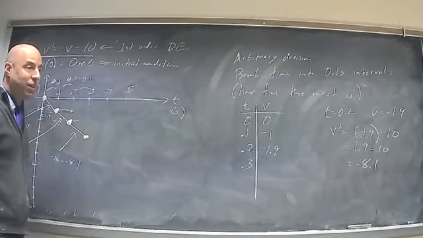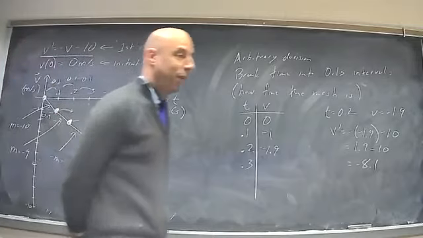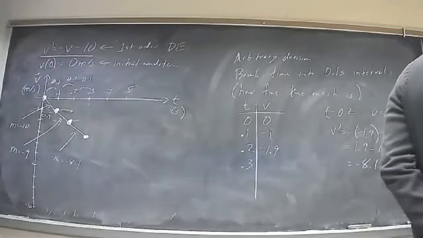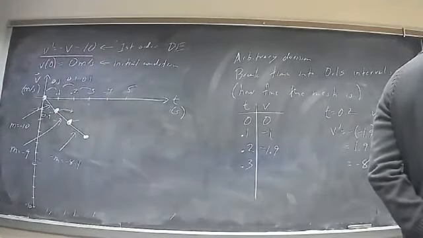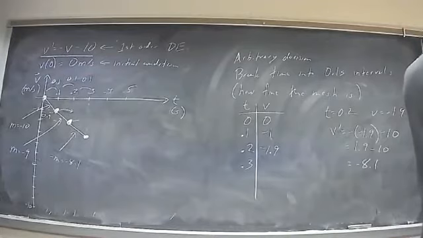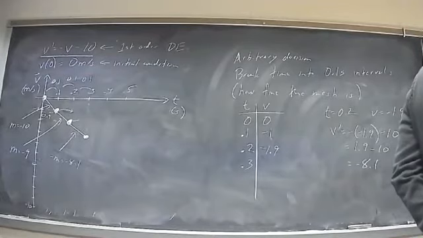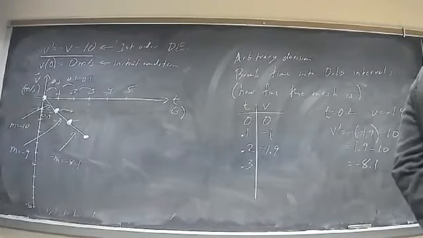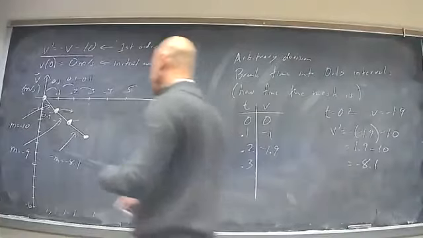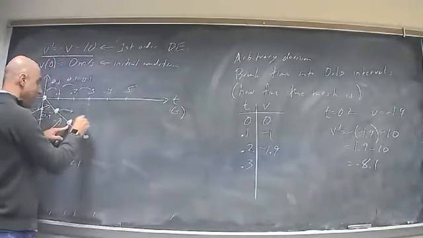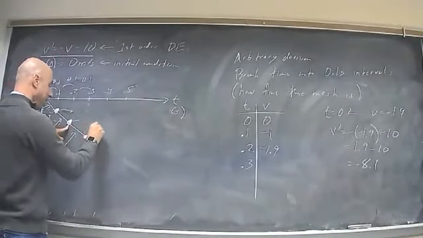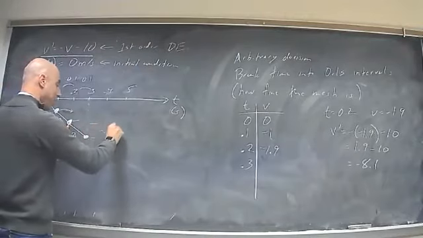What's -8.1 times 0.1? Minus 0.81. I drop by another 0.81.